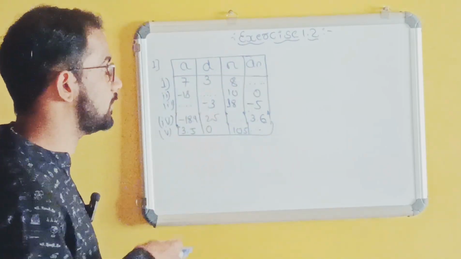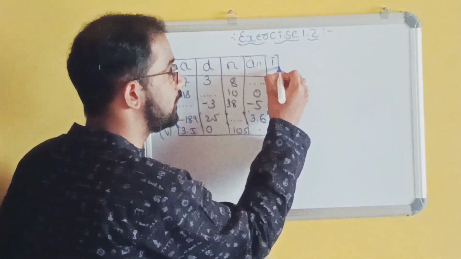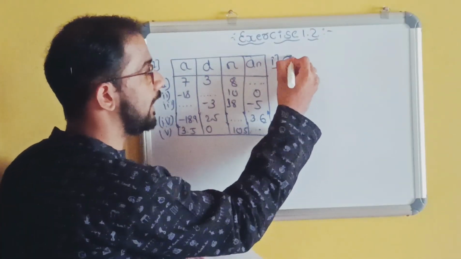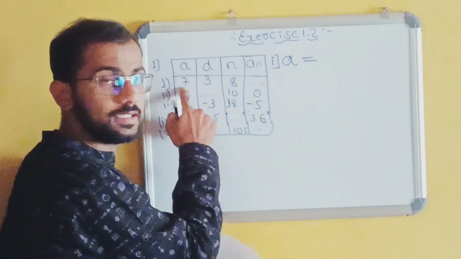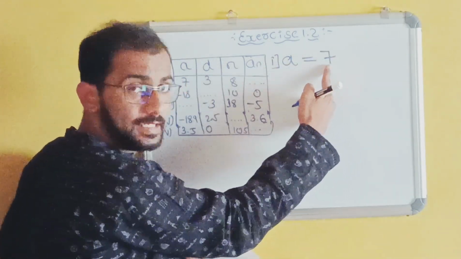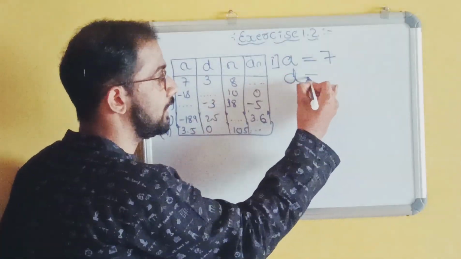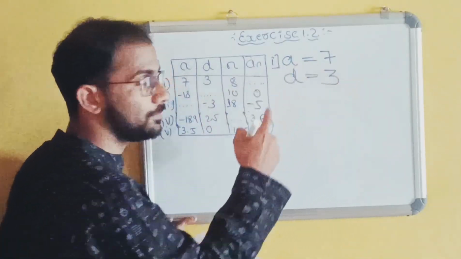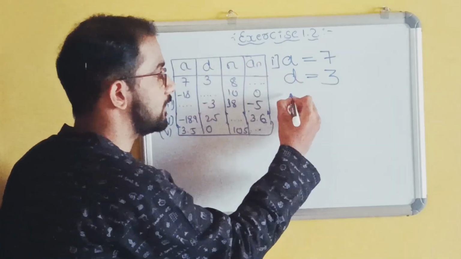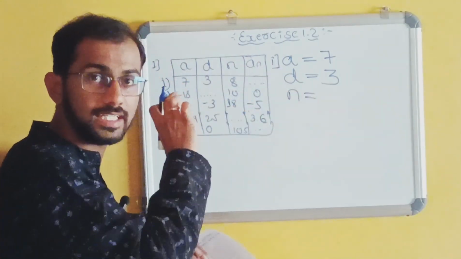Let's see how. So consider the first question, that is A. What is the value of A over here? That is 7, the first term. And D, what is D? The common difference is given as 3. And N is the number of terms in a given sequence.